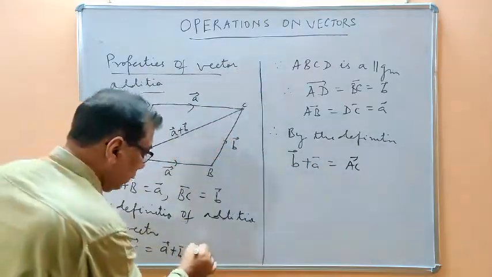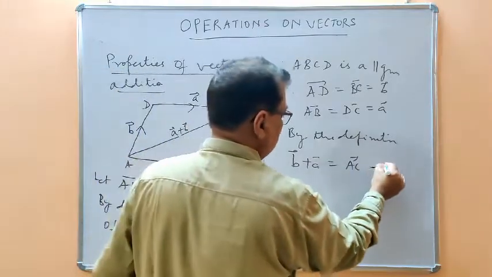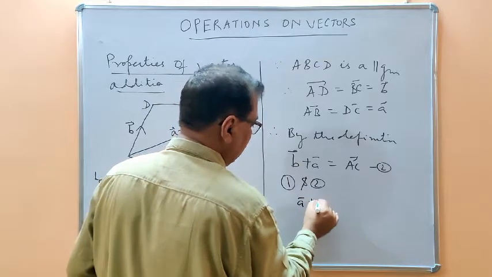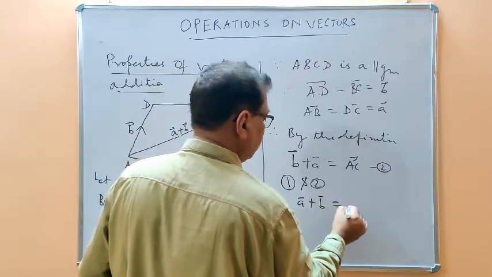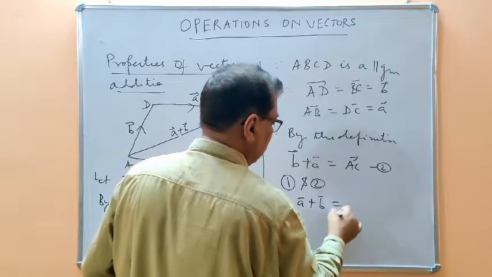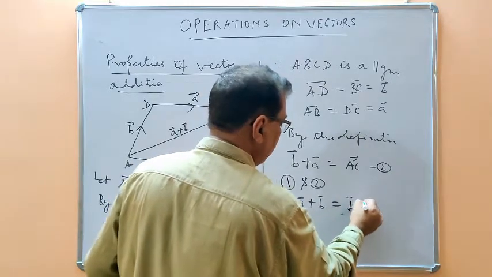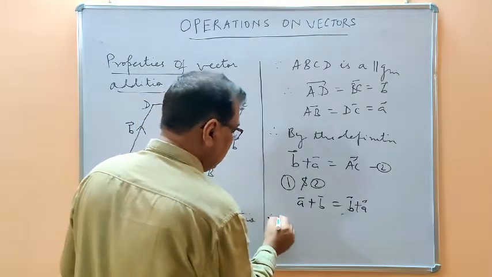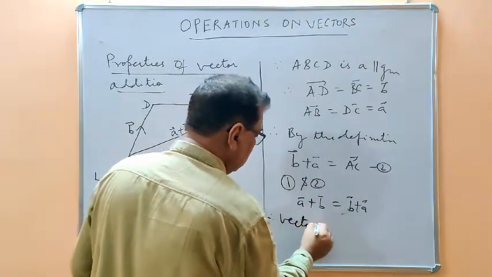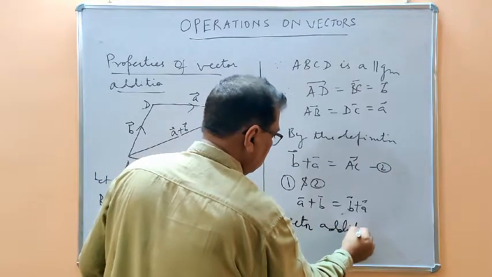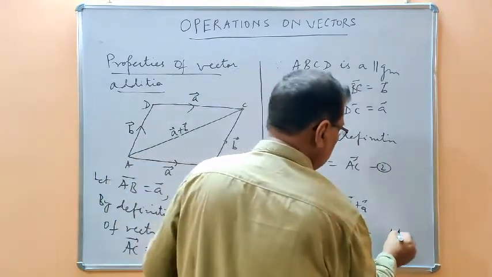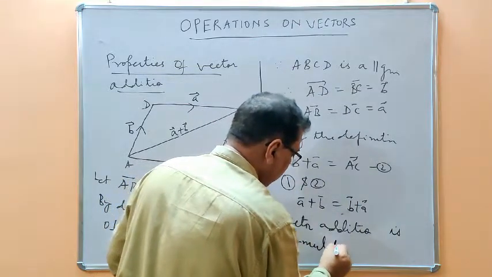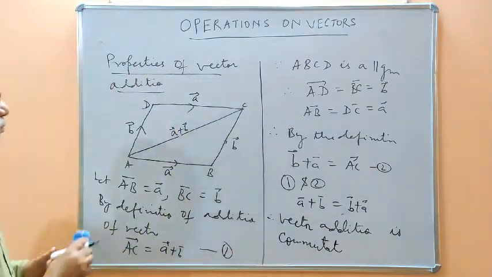Okay. So if I equate 1 and 2, we get A plus B is equal to B plus A. This is the first property, which is called the commutative property of vector addition. So we can say that vector addition is commutative.